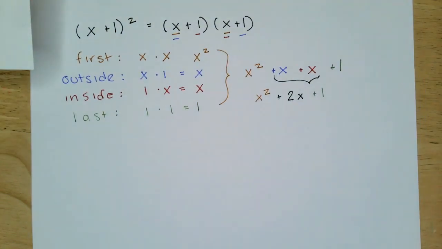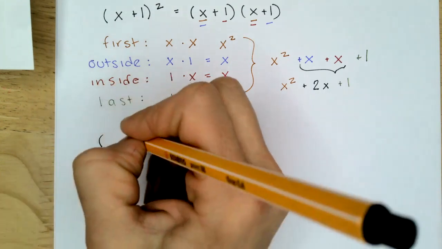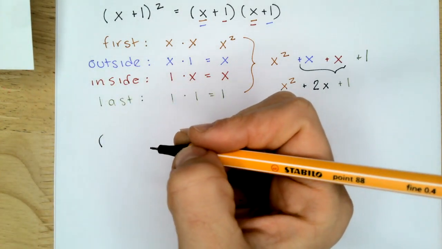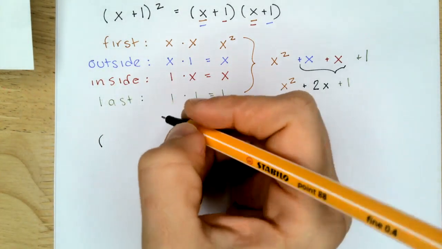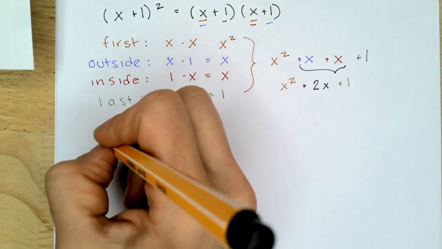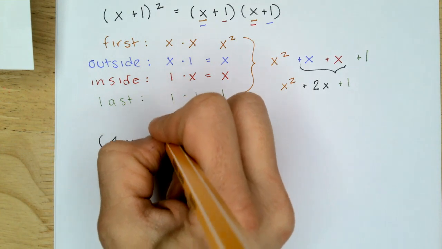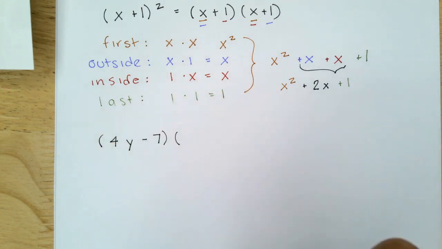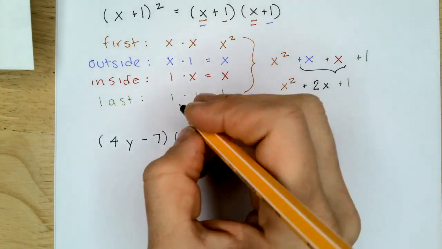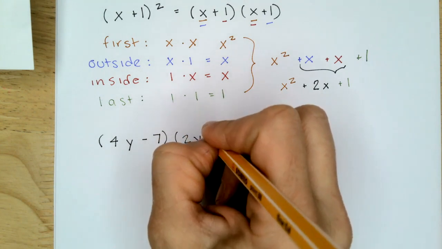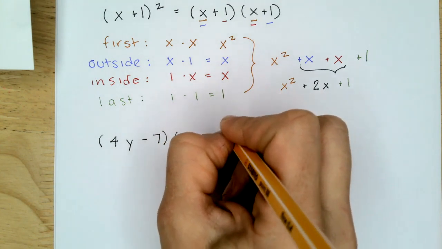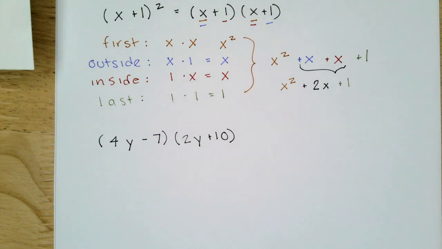All right. If you have a negative sign, just keep the negative with the sign behind. If it's a minus sign, right? So it's now a negative sign for the term behind it. So 4y minus 7 times 2y plus 10. How would we FOIL that?